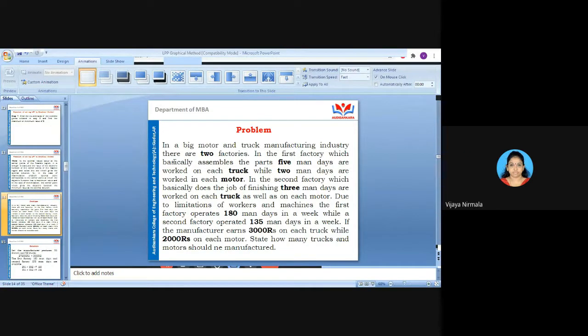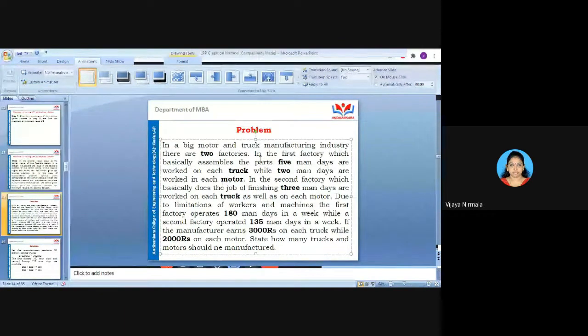There is a big industry, a motor and truck manufacturing industry. In that industry, we have 2 factories.